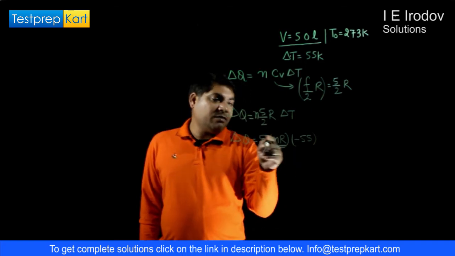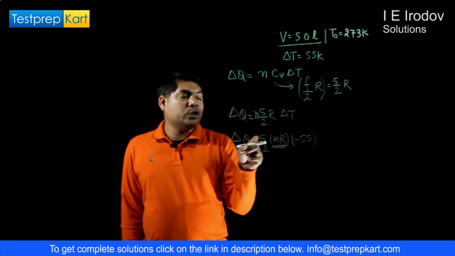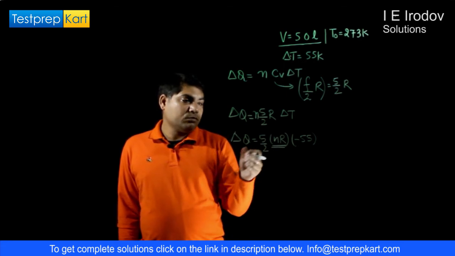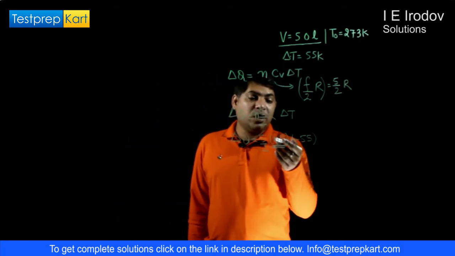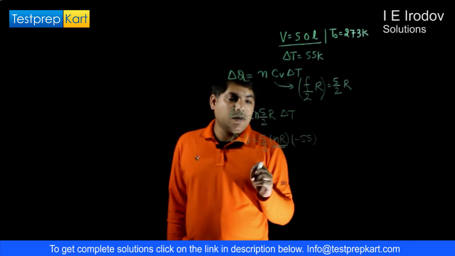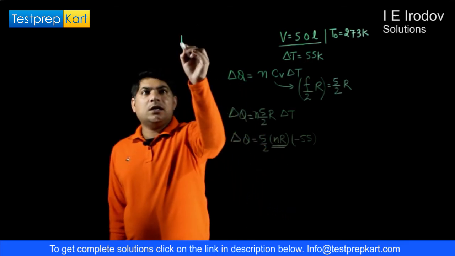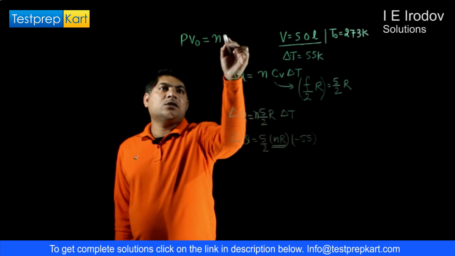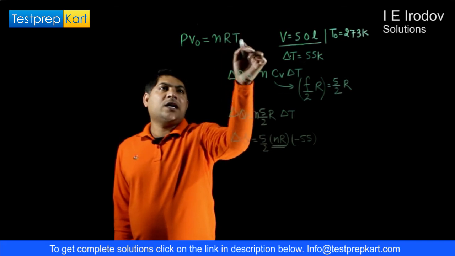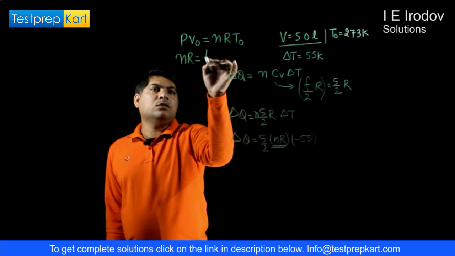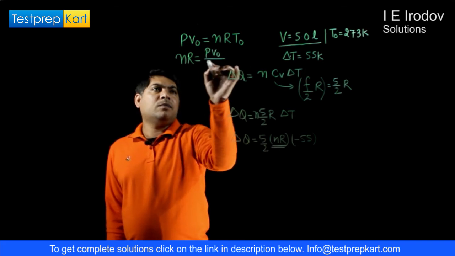Now, this term we want to remove as we don't have information about the number of moles. So we can use the standard gas equation, the ideal gas equation: P V naught is equal to n R T naught. So n R would be equal to P V naught upon T naught.